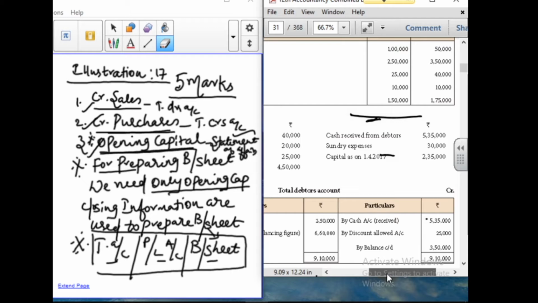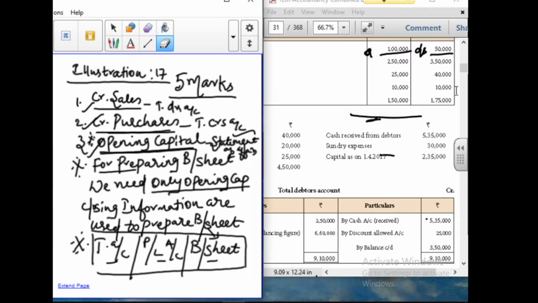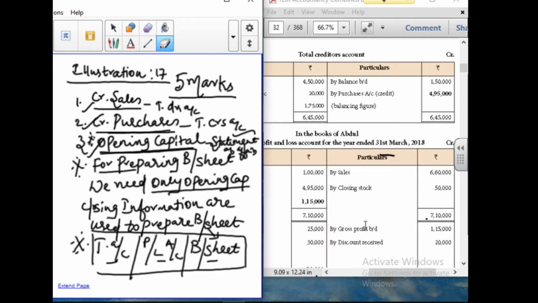So the first information, 1 lakh will be your opening stock and 50,000 will be your closing stock. Next, the other information in the trading account: opening we have found out, closing we have found out.